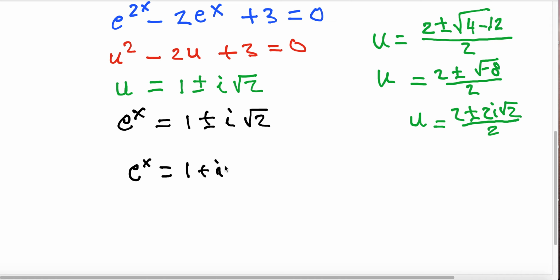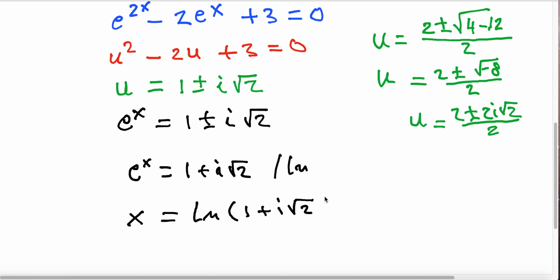I'm taking the ln of both sides, and this turns out x is equal to ln(1 plus i square root of 2). And the same thing happens in the other case, 1 minus i square root of 2, the same process, ln(1 minus i square root of 2).